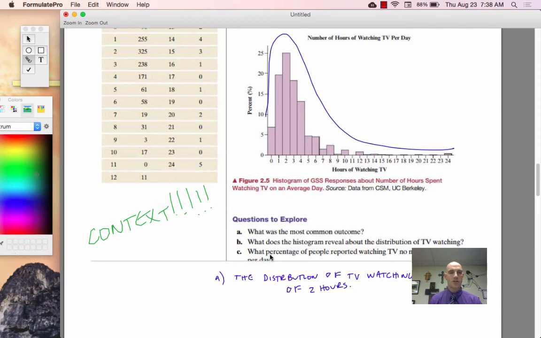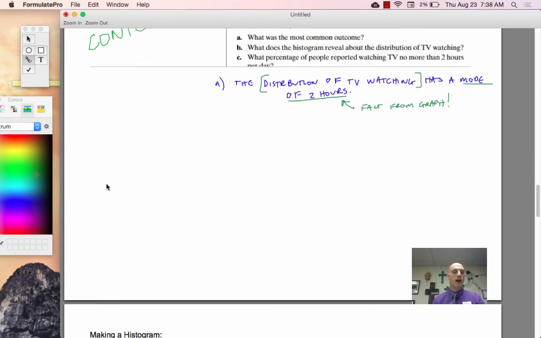Okay, here's my context. Distribution of TV watching. You could say 2 hours and you could be talking about running a half marathon, right? And so this right here is a fact from the graph. So you provided context, you provided a fact from the graph. That is hugely important. You have to provide the context.